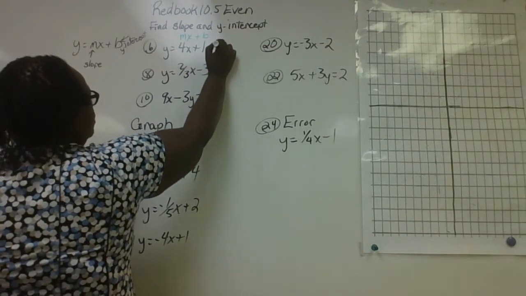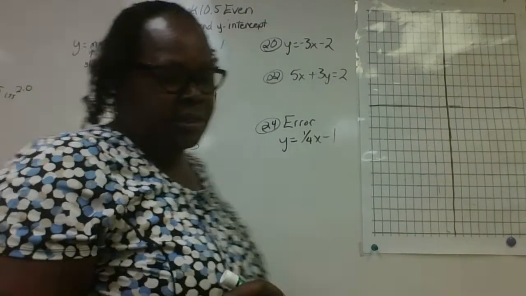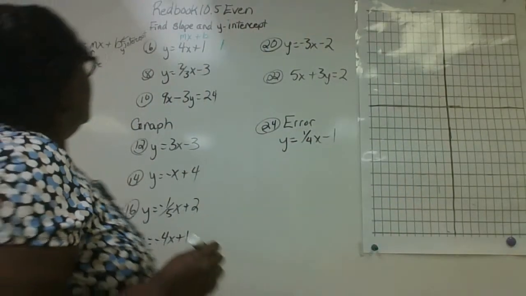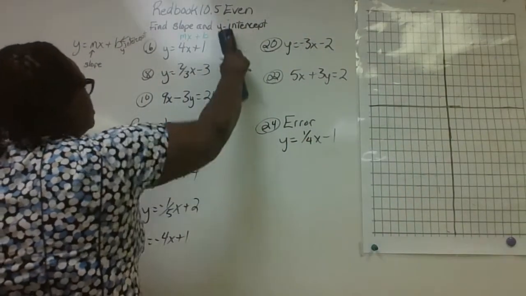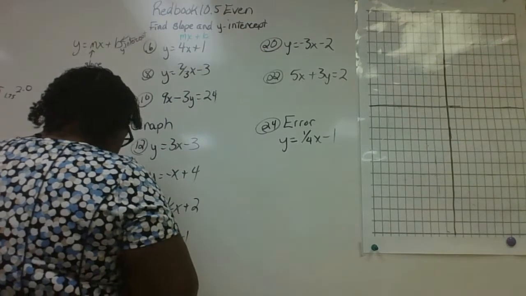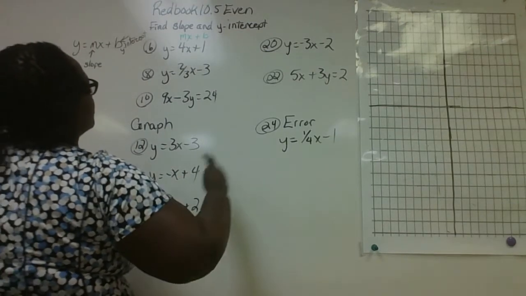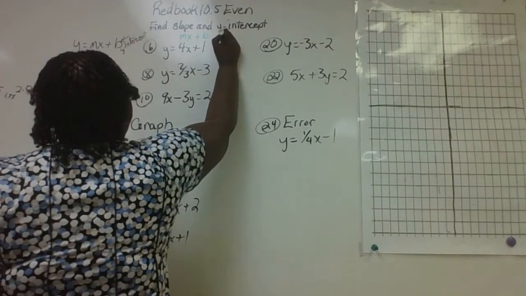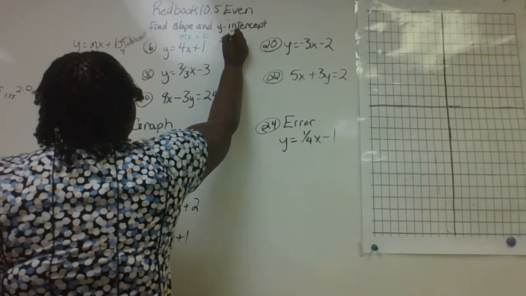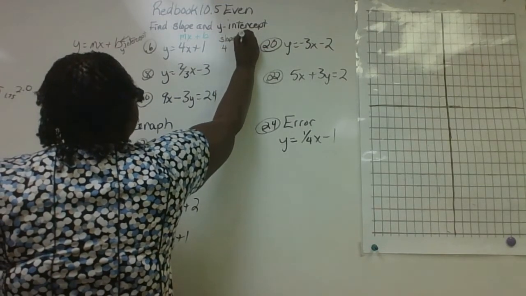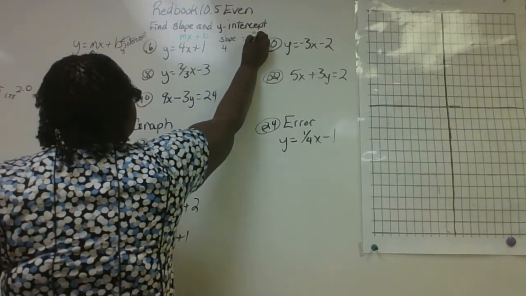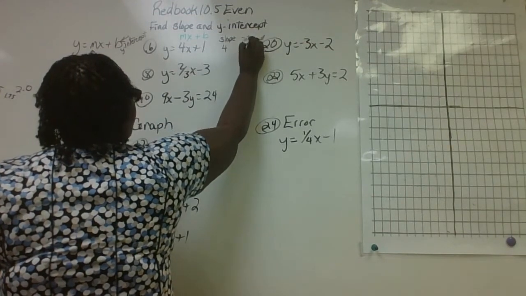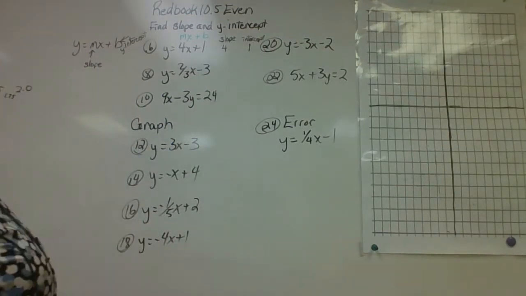Okay, so let's see how we want to write this. Our slope is 4, and our intercept is 1. Okay, and that's how that goes.